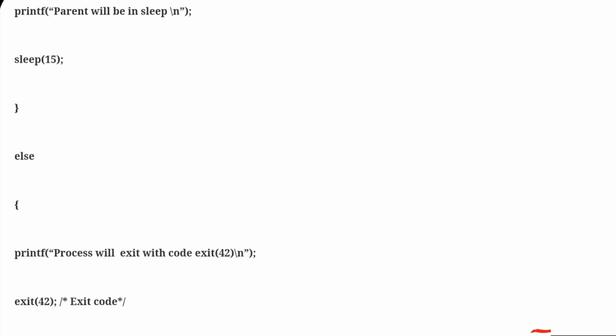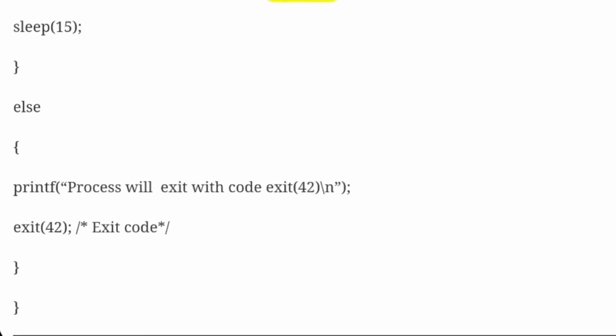The parent process will be in sleep mode for 15 microseconds. But when it's running for the child process, the process completes its execution and it will exit with the code 42.